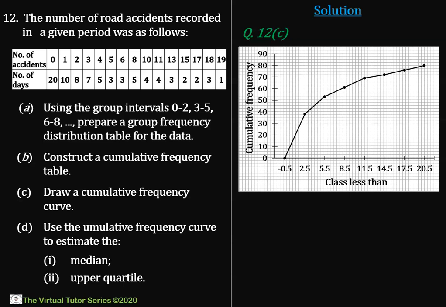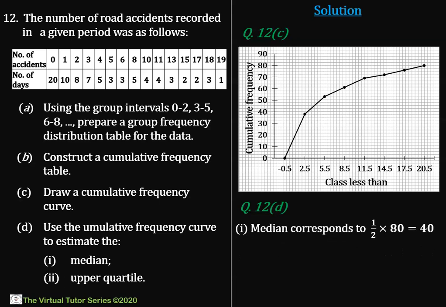Question 12D. Use the cumulative frequency curve to estimate the I, median, II, upper quartile. Solution. The median corresponds to half of the total frequency. The total frequency is 80.